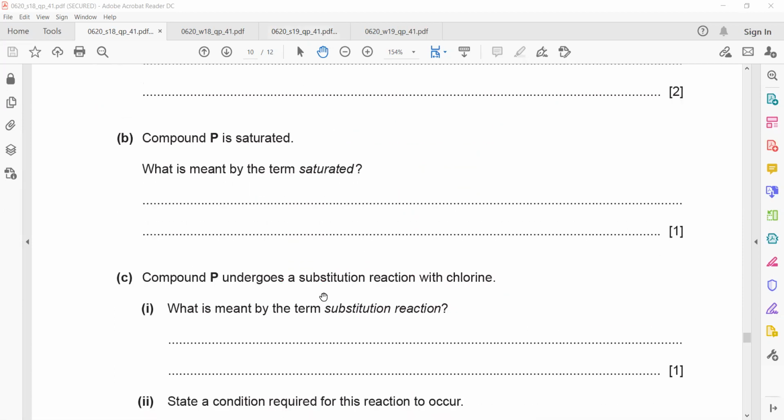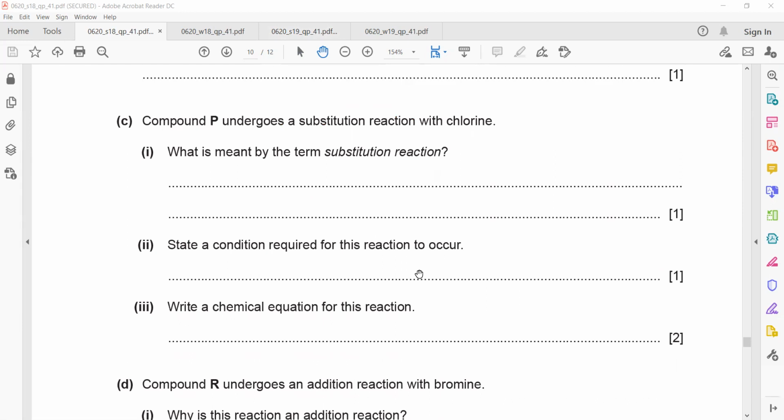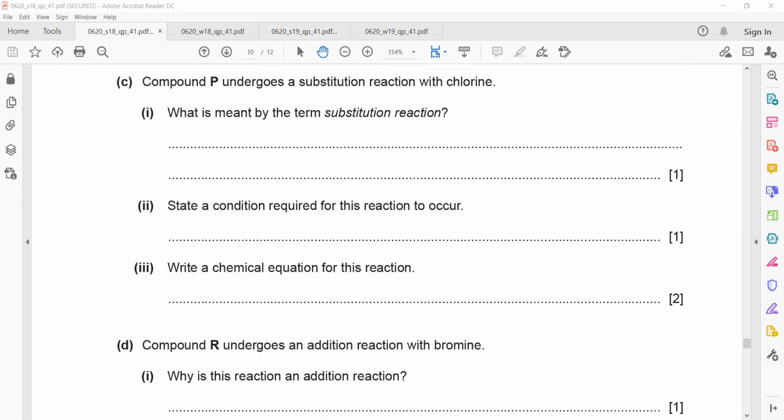Compound P undergoes substitution reaction with chlorine. What is meant by a substitution reaction? What is the definition of substitution reaction? All alkanes are saturated. Substitution reaction means when an atom or group of atoms displaces another.